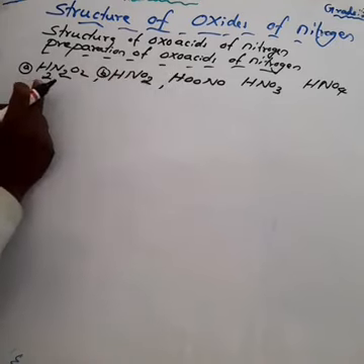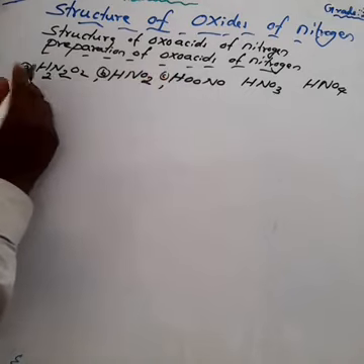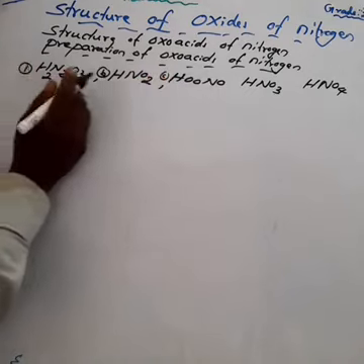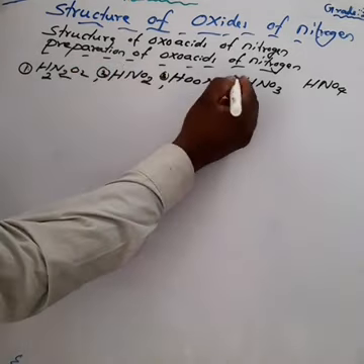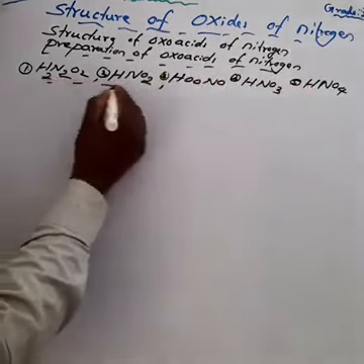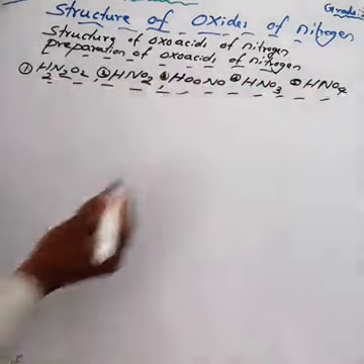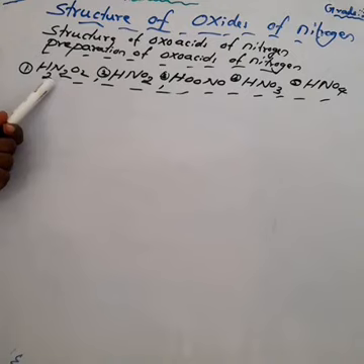There are 5 nitrogen compounds. One is hyponitrous acid, second nitrous acid, third pernitrous acid, fourth nitric acid, fifth pernitric acid. Dear children, what is the formula of each nitrogen compound? Hyponitrous acid, what is the formula here?